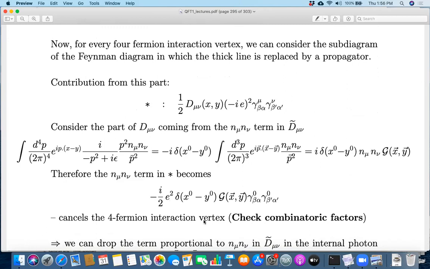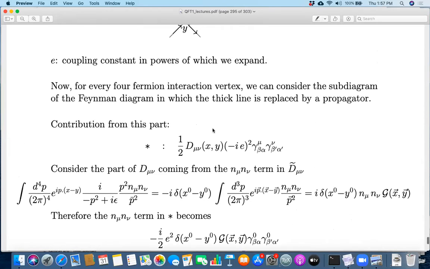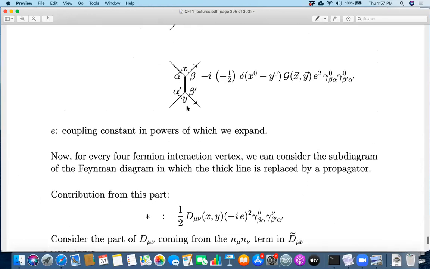Here the part that I have glossed over, and not done fully, is the combinatoric factor. This half that we got was of course true if this was a full entire diagram. But by doing a careful analysis, one can show that even if there are other parts of the diagram, where the combinatoric factors will be more complicated, this cancellation still holds.